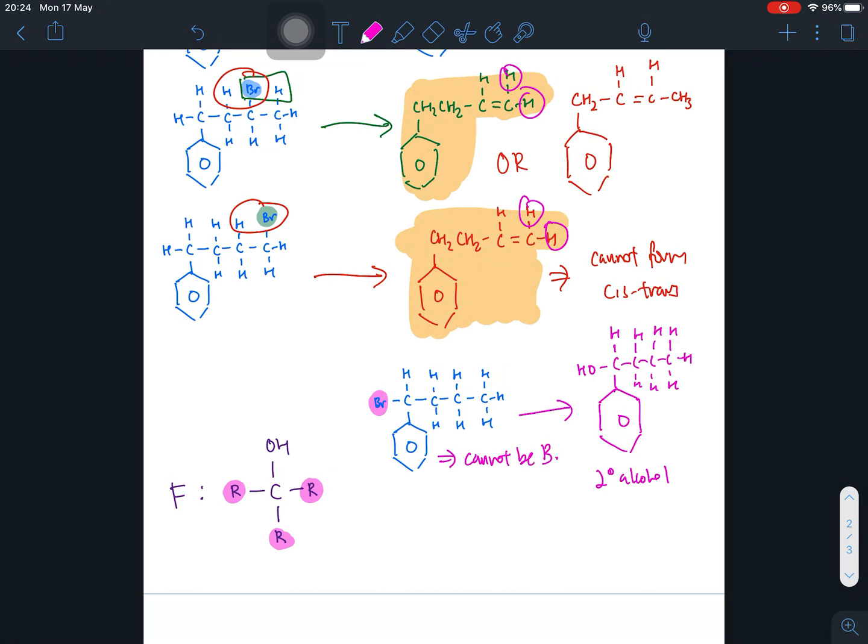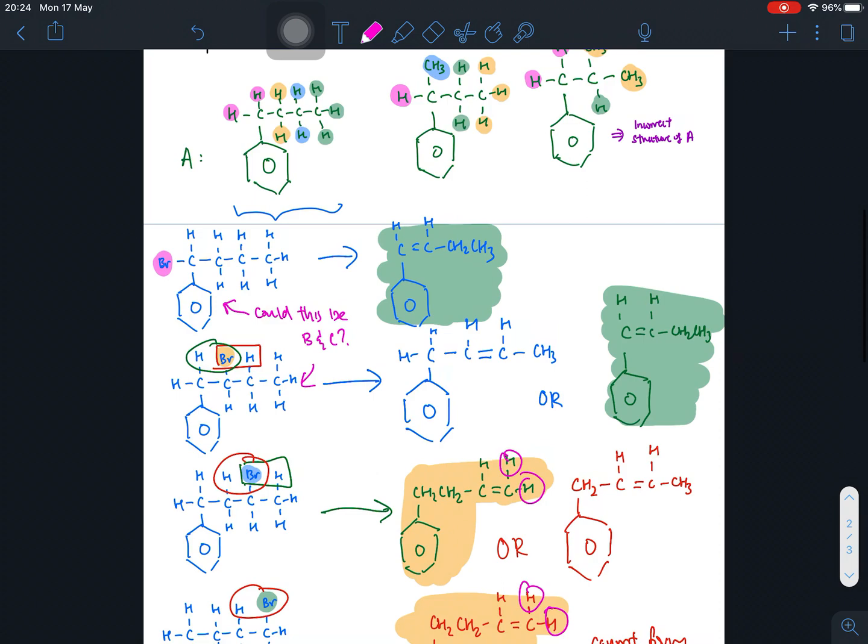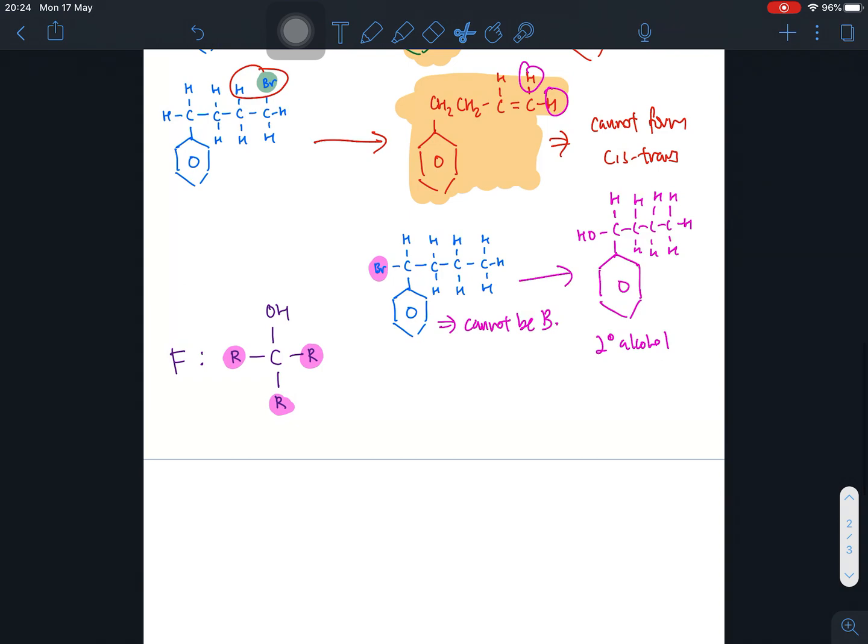All right. Remember, there were 2 possibilities. The one at the bottom can also be B as well, because either one of them is one is a B, one is a C. So let's look at it over here.